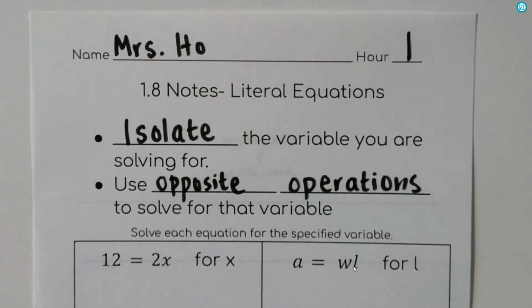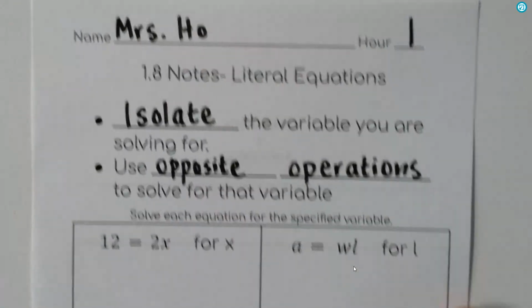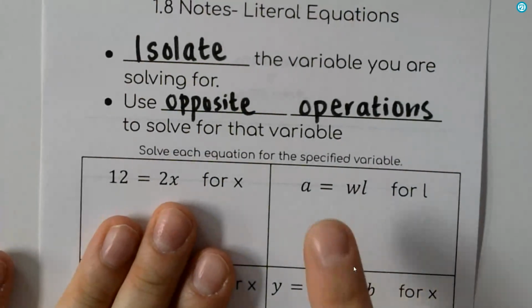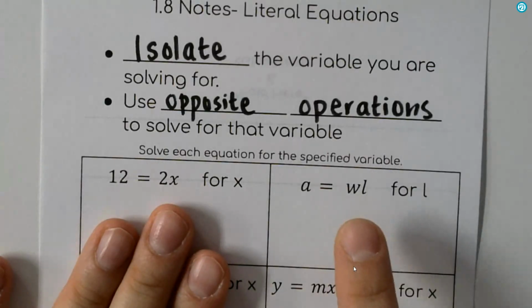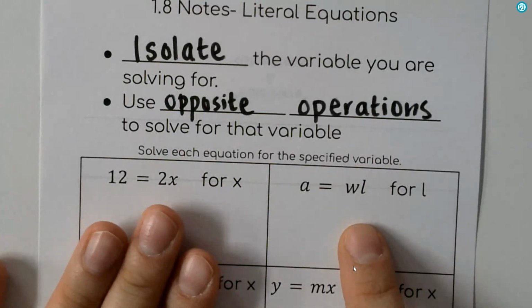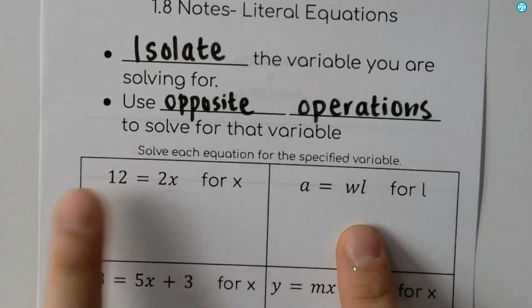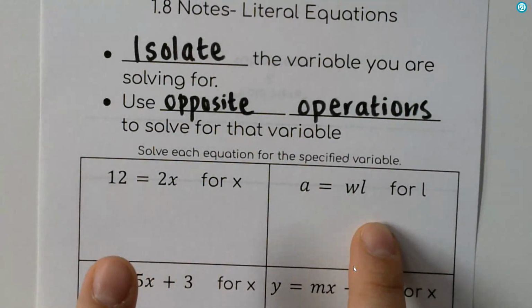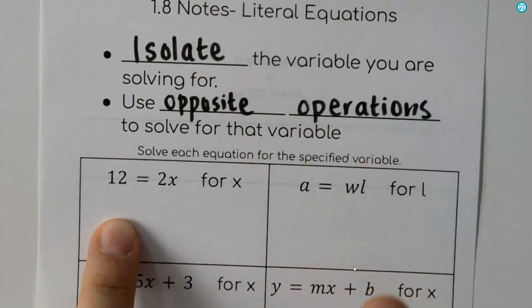The left side is going to be equations that you might already feel you can solve, equations we've seen where there's one variable we're solving for, like this one right here, 12 equals 2x, where we're going to solve for x. On the right side is going to be an equation that's similar, but instead of having numbers, it's all letters. The reason we did this is so that you can see that the steps are the same.